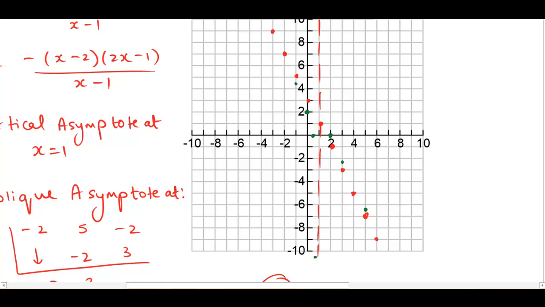Looking at the behavior of that asymptote and the behavior of our graph, this is the function that we're going to end up with. It's going to be asymptotic along that oblique asymptote. It's going to be doing something like this.